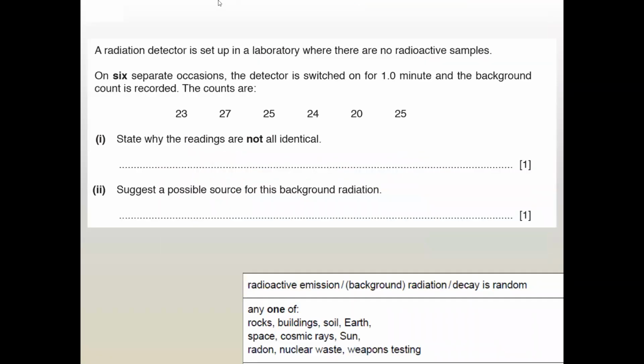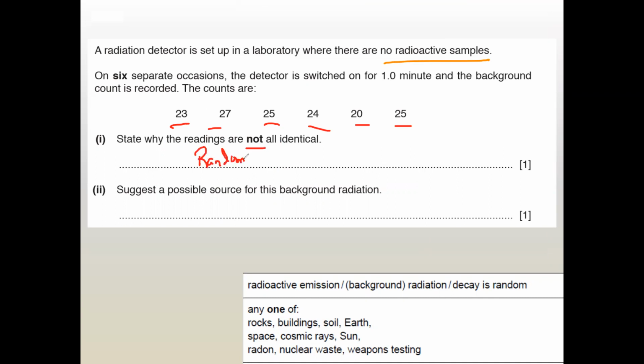Then, a radiation detector is set up in a lab where there is no radioactive sample. With no radioactive sample, it will detect the radiation from the surroundings. On 6 separate occasions, we measure the radiation: 23, 27, 25, 24, 20. Why are the readings not identical? Because this is a random process.